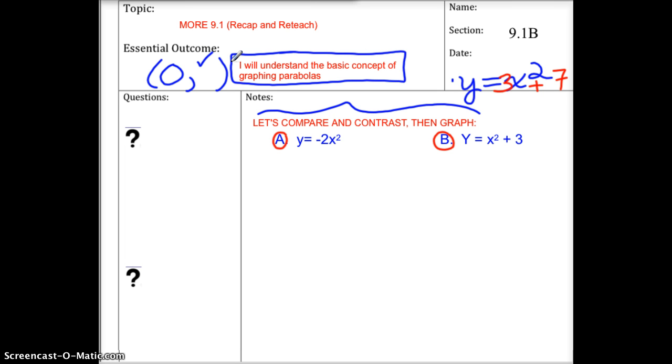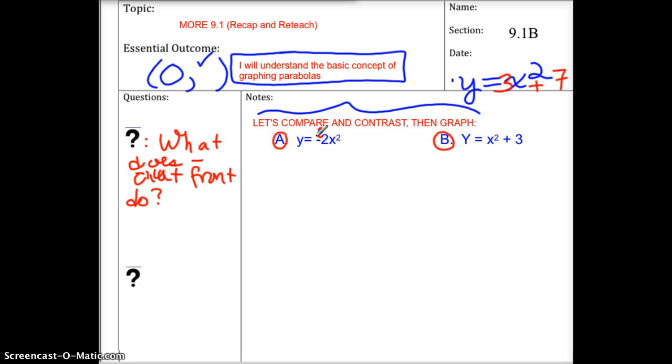And the first thing I'd like to do is go over here on the side and ask a question. What does that negative out front do to the graph?